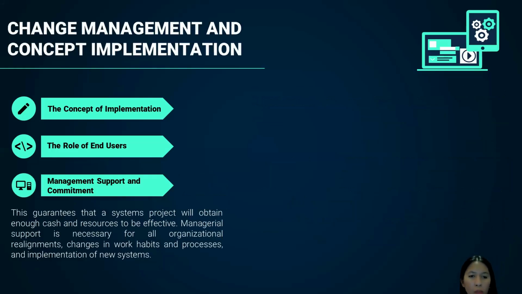Next is management support and commitment. This guarantees that a systems project will obtain enough cash and resources to be effective. Managerial support is necessary for all organizational realignments, changes in work habits and processes, and implementation of new systems.